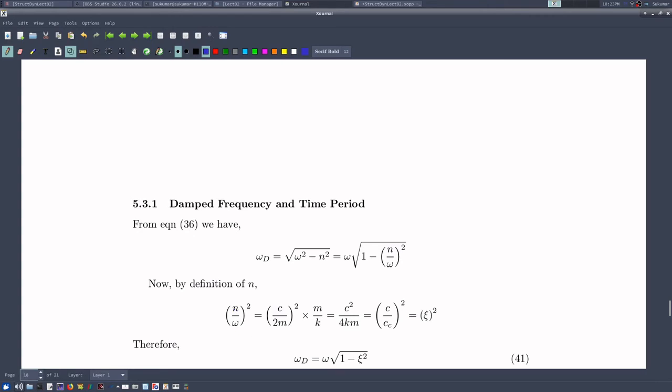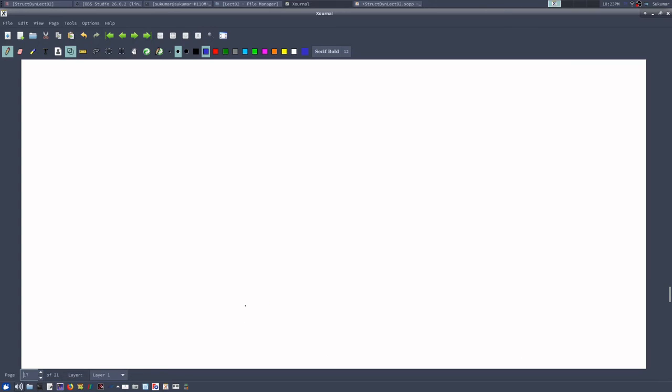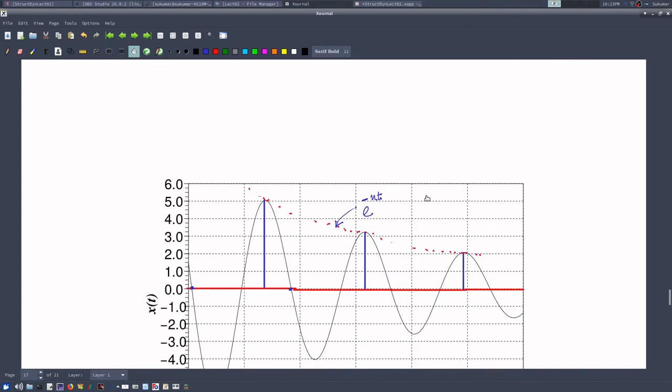From this, n by omega is xi, therefore n is xi into omega, and therefore I can write this as e to the power minus xi omega t.